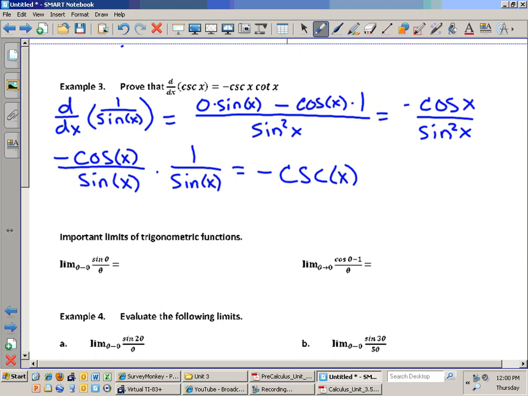I've just memorized those. I think that the best sheet to look at, this sheet right here, is probably the most useful sheet you guys will use from your trigonometry stuff. So this is the one I would encourage you to use.